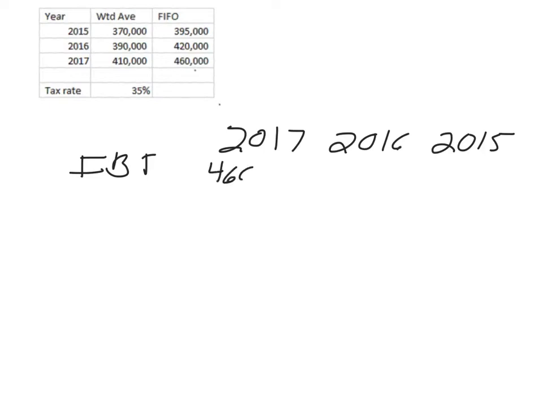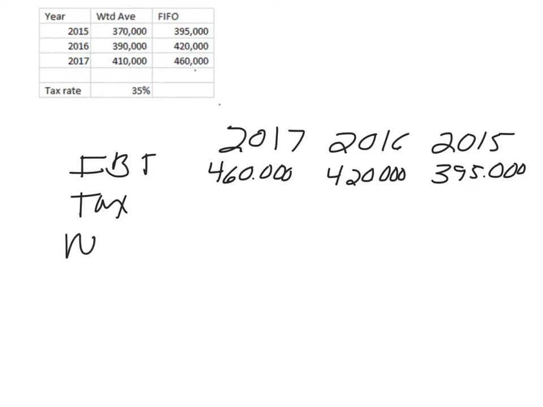We were given $460,000, $420,000, and $395,000. Then we calculate your tax at 35% and come out with your net income. So in 2017 at the 460, this is part A of the problem we've already done. Tax is $161,000, so net income is $299,000.